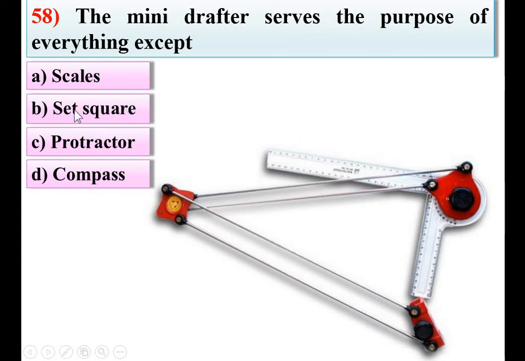Set square is generally used to draw the parallel lines, perpendicular lines, and that also you can do with the help of these 2 arms, because of that is always 90 degree with each other. Protector is generally used to set the angles, and that you can do with the help of this. Compass is used to draw the circle, and that you can't do with the help of this mini drafter. So D is not possible by the mini drafter. So D is the right answer.